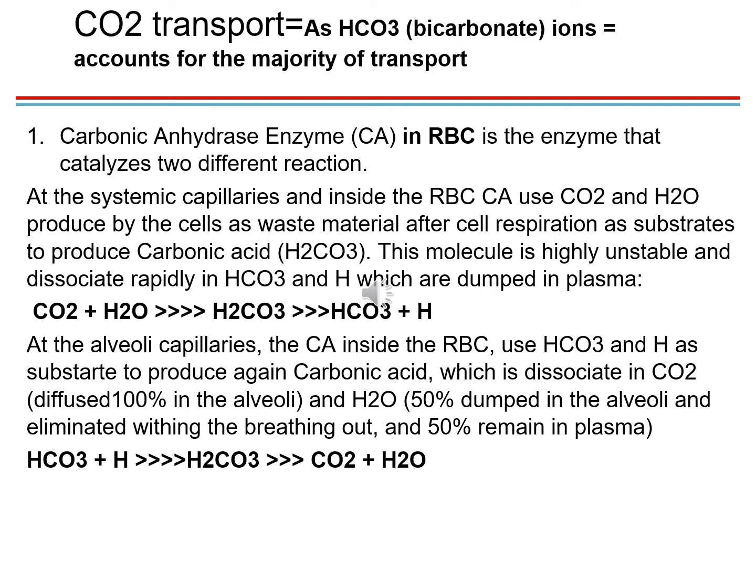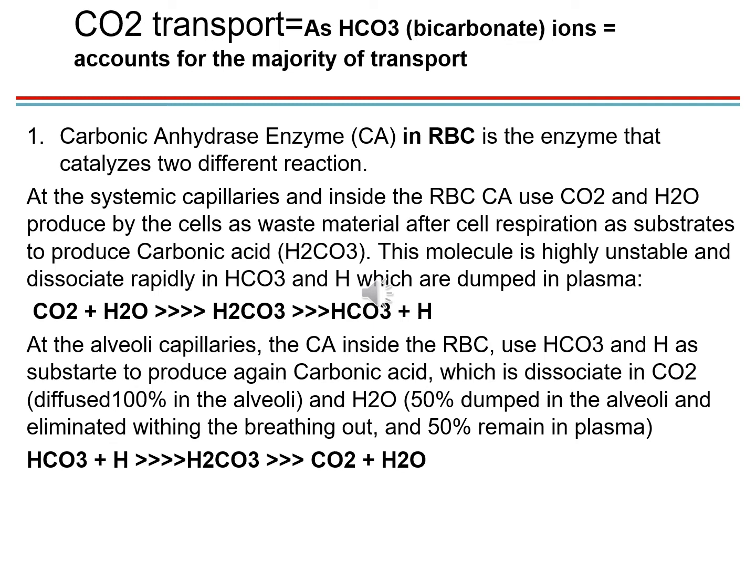The carbon dioxide is fully, 100%, diffused into the alveoli to be breathed out, and it is the only way we have to eliminate carbon dioxide from our body. However, the water that is the other molecule produced after this chemical reaction, roughly 50%, is eliminated in the breath out. It is the reason why we produce vapor when we breathe out, and it's another way to lose water in our system.